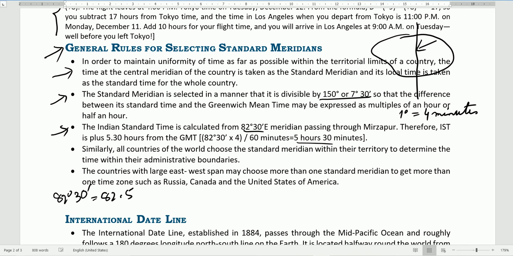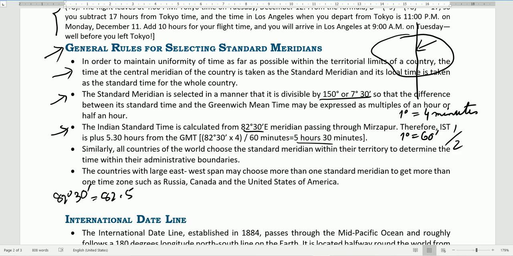Since in a degree we have 60 minutes, 30 minutes means 0.5, that is one by two, half.